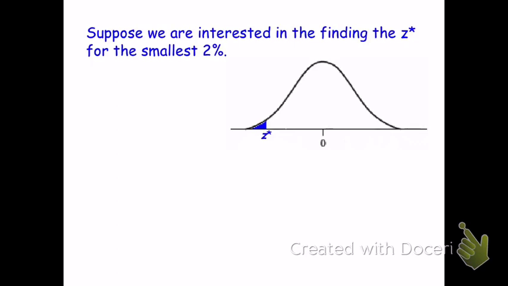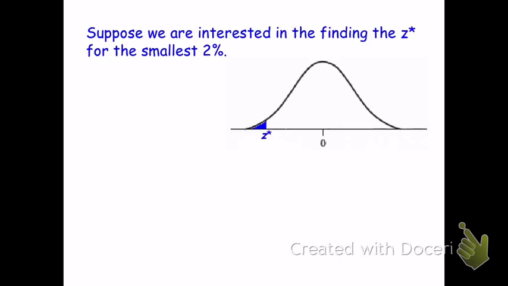Okay, now a different type of question. Suppose we're interested in finding the z-score for the smallest 2%. So now I'm not looking at the columns and the rows in my table. I'm actually looking inside the table, and I'm looking for the number what? 0.02. So let's look inside our table. Which one of those is closest to 0.02?